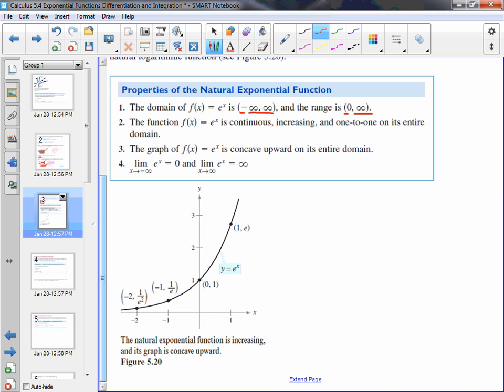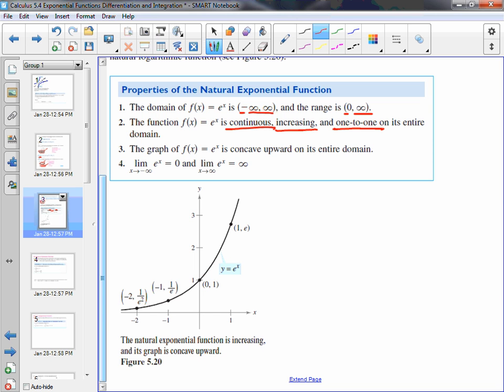Okay, let me finish this. The function f of x equals e to the x is continuous, increasing, and one-to-one on its entire domain. It has to be that, or it won't have an inverse. And remember this, since the natural log function was increasing, its inverse has to be increasing. The graph of f of x equals e to the x is concave upward on its entire domain.